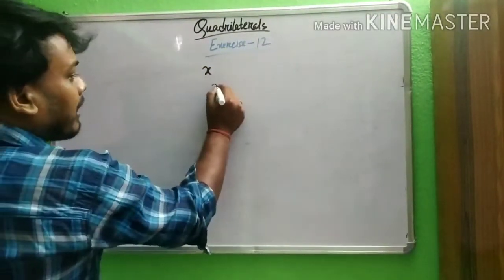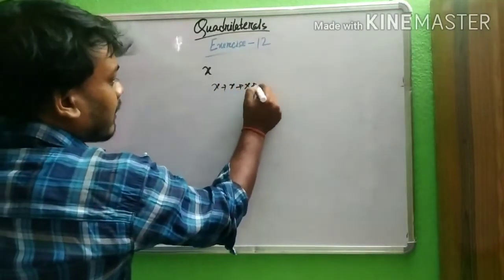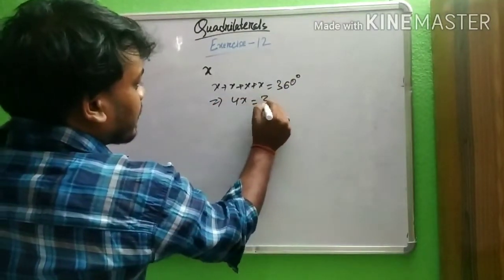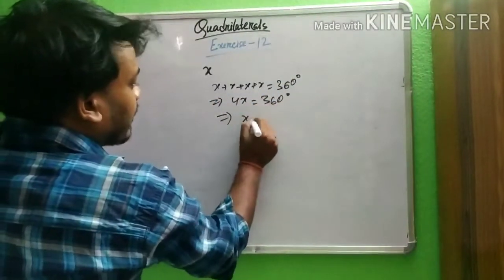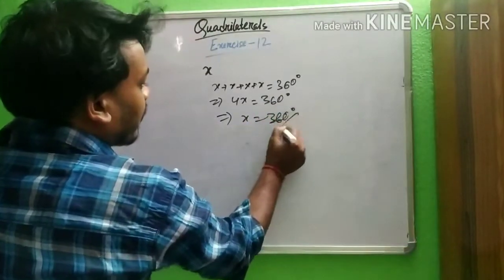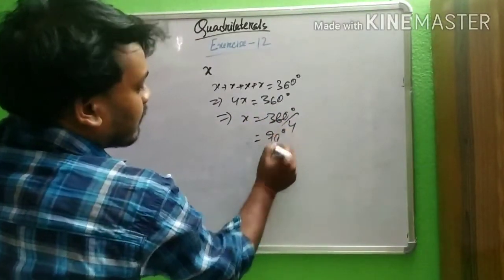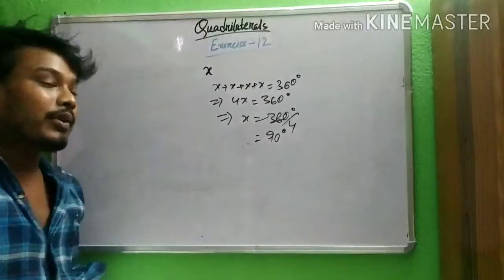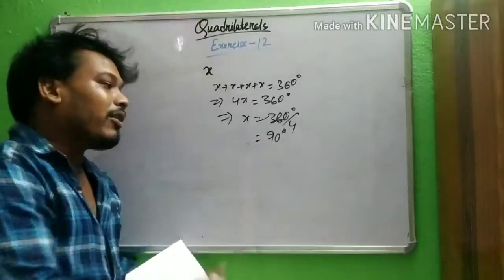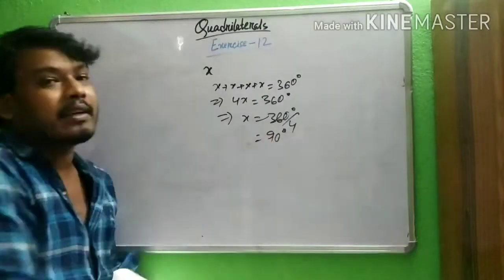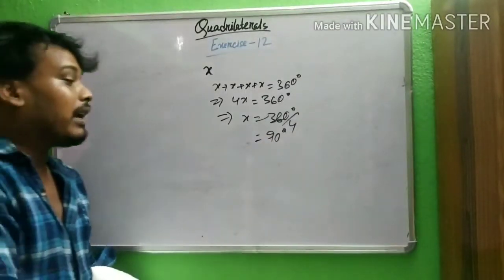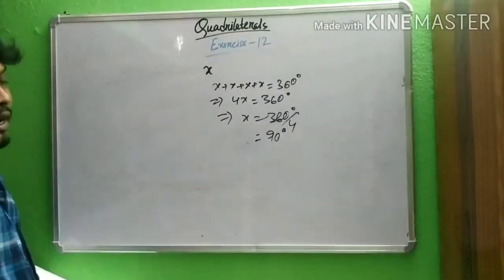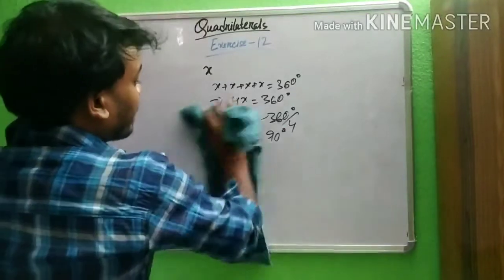So x plus x plus x plus x equal to 360 implies 4x equal to 360 implies x equal to 360 by 4, that means 90 degrees. So it may be a rectangle or a square, because every angle is 90 degrees. A 90 degree angle is there in a rectangle or a square. So the value of each angle is 90 degrees. So question 5 is also easy.